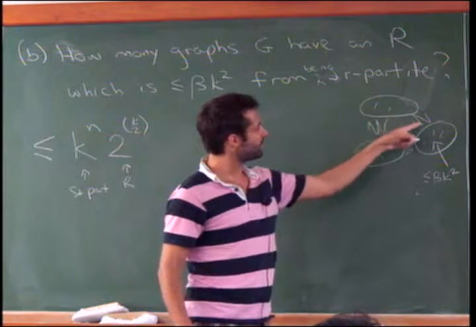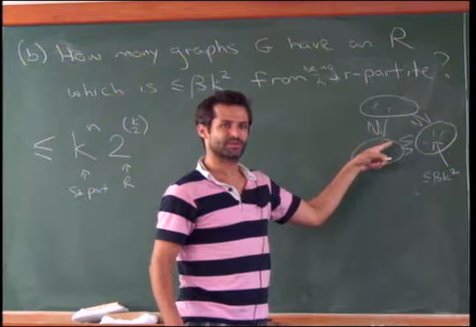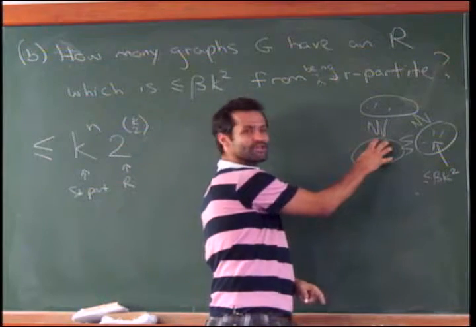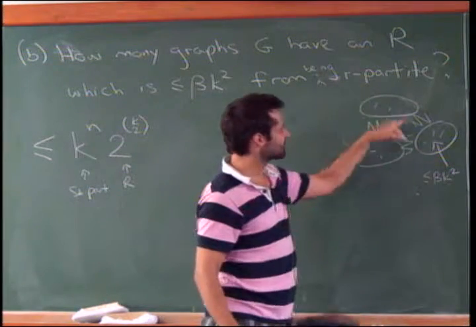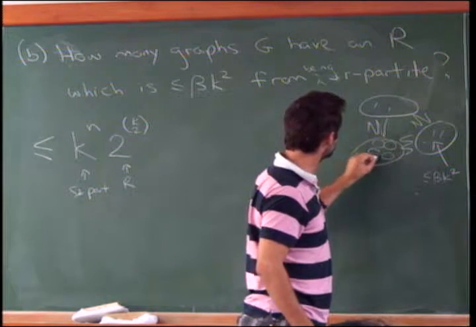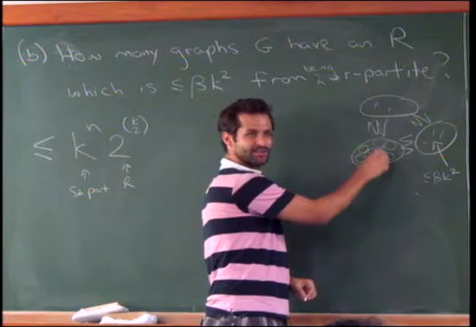So between the parts, you can do anything you like, right? This is a partition of the graph R, but that corresponds to a partition of the graph G, right? What you're doing is putting a whole bunch of the Szemerédi parts all clumped together.